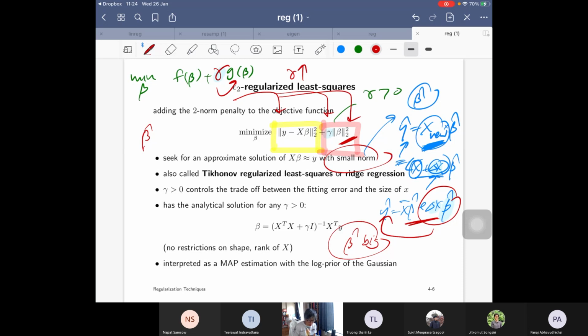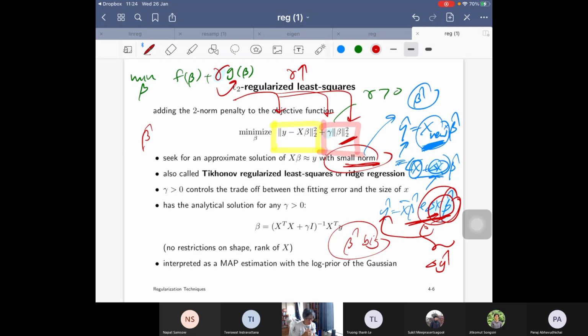So having a small norm on beta hat can alleviate these issues, because if beta hat has a smaller norm, even if your data has some perturbation, that perturbation in the prediction of y would be less.